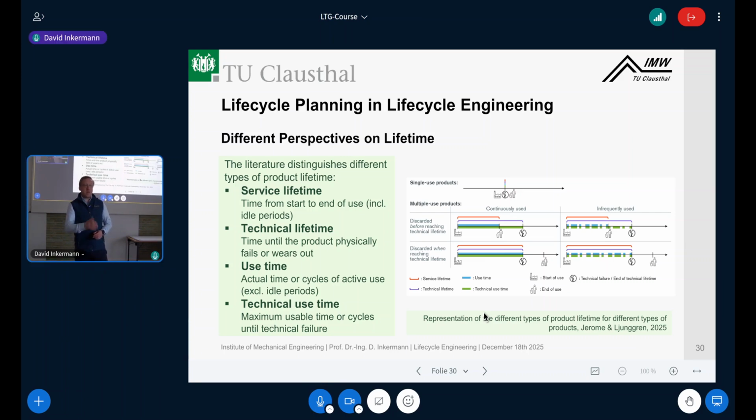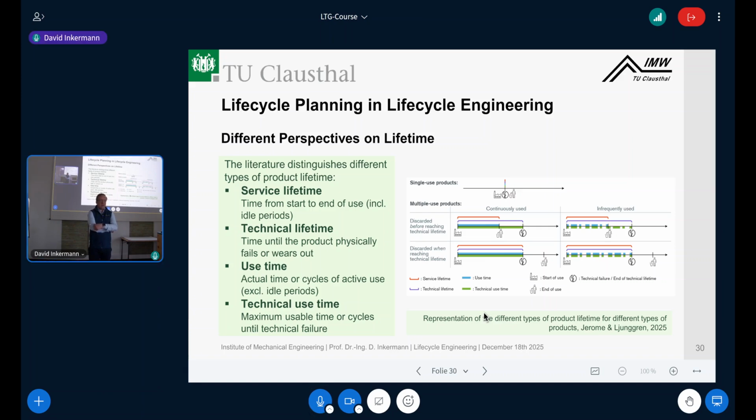Based on that, you can see there are different scenarios. In the first place, single-use products, which are also causing high challenges, are only designed for one specific, very short period that is matching the use time, and after that it is replaced. So there's no service lifetime, and the technical lifetime is not really relevant in that case.